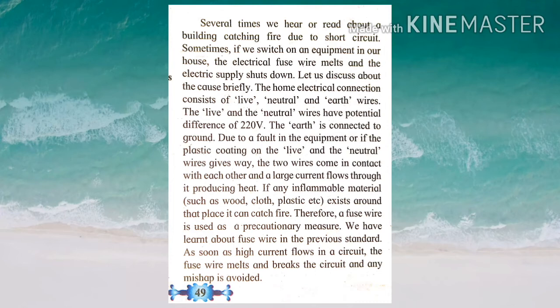A large current flows through it continuously, producing a large amount of heat energy. This is known as a short circuit. To prevent this, an electric fuse is used. When high current flows in the circuit, the fuse wire melts and breaks the circuit and avoids a major accident.